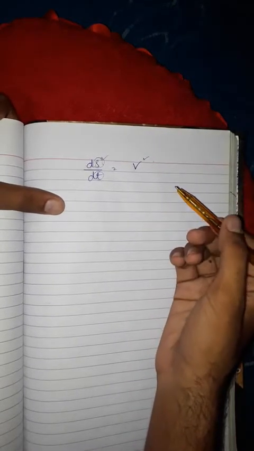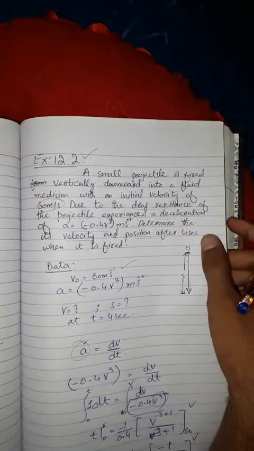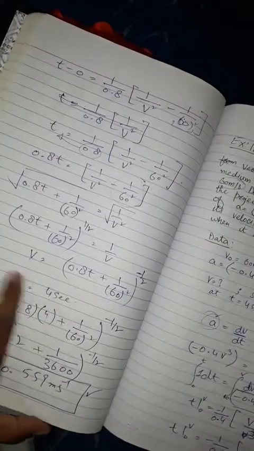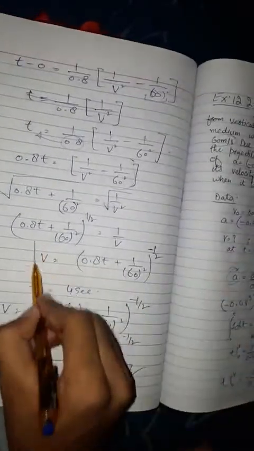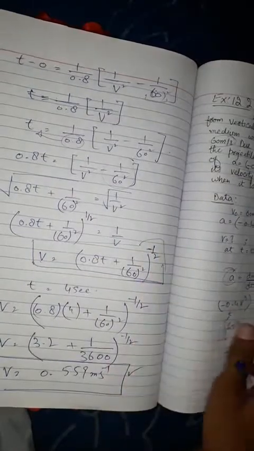Now as we have calculated the velocity function in terms of t, we put the value of this function.